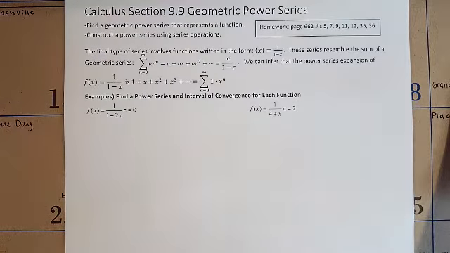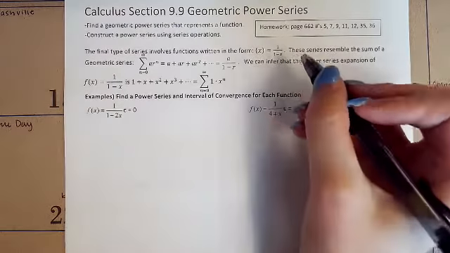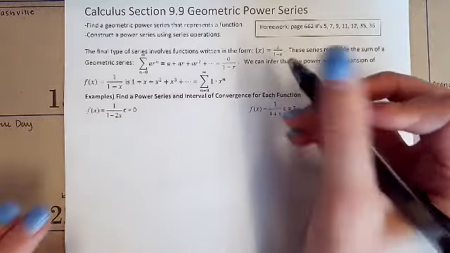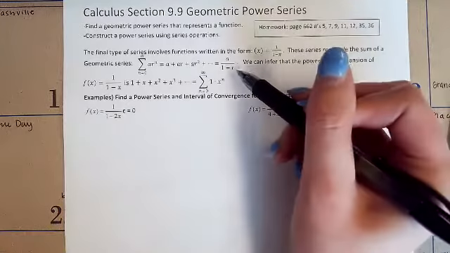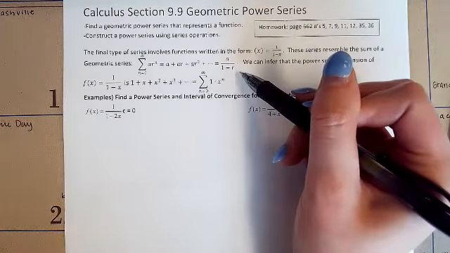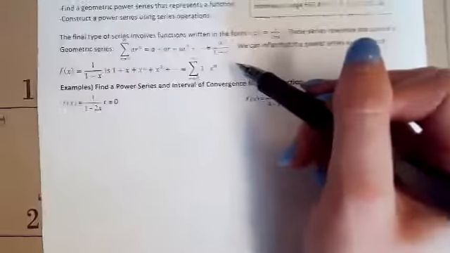Okay, we are looking at geometric power series today. So think back to geometric series because a lot of it's going to be with that. We're specifically looking at series that look like 1 over 1 minus x, which resembles the sum of the geometric series, which was a over 1 minus r.